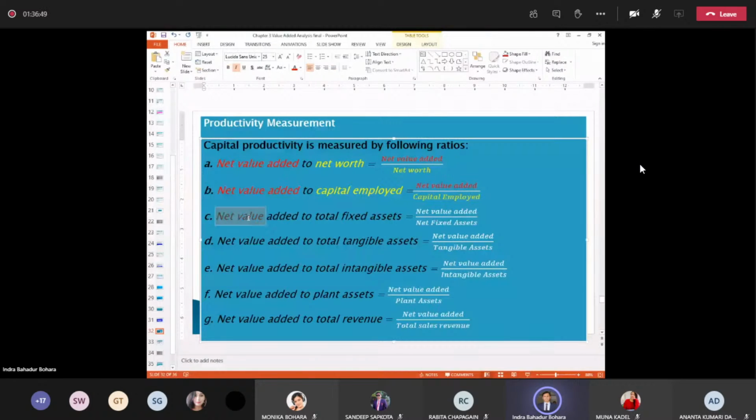Long-term capital includes capital plus liability equal to assets, so long-term assets are also measured. So net value added to total fixed assets: the first factor is net value added, in the numerator, and total fixed assets is the second factor, in the denominator. In this way, we make the formula.